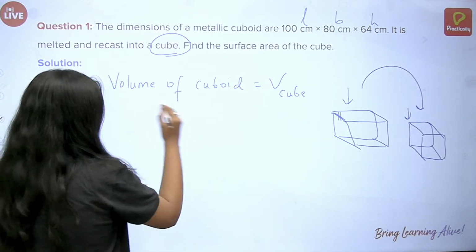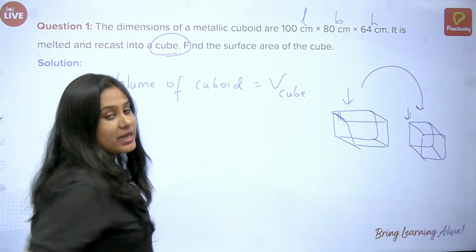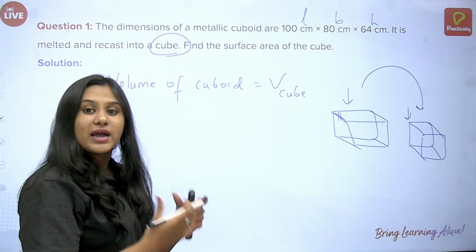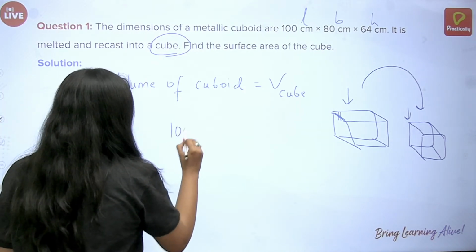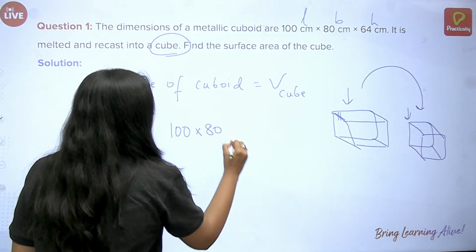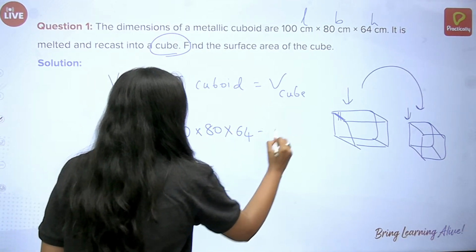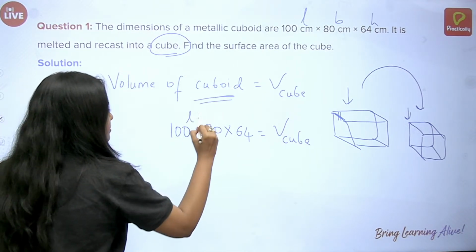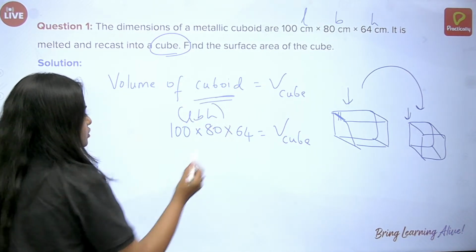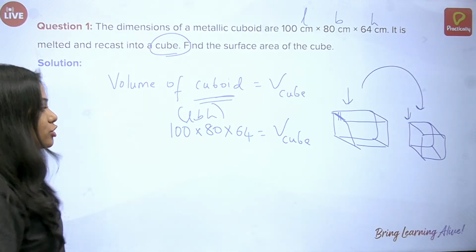So let us find the volume of cuboid and equate that to the volume of cube so that we can find side of the cube. So this is 100 into 80 into 64 is equals to volume of cube as well. And what is the volume of cuboid? LBH. Right? So can anyone tell me what is the volume of cuboid?